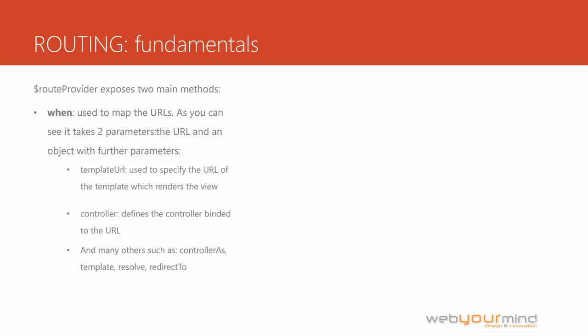We didn't talk about that yet, but you can actually tie a controller to a specific view if you want the view about.html to be managed by an about controller. You can supply that as a parameter when creating the routing. There are other methods that you can use, like controller_as. If you remember, we had a lesson about the controller_as syntax, template, resolve, and redirect to that we had just seen. Template and resolve is something that we'll talk about later on.